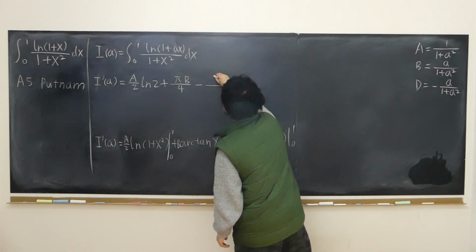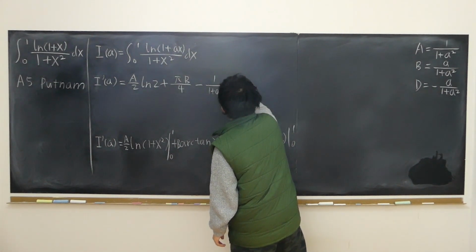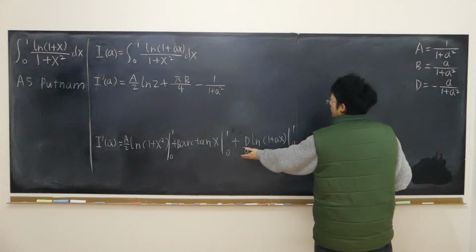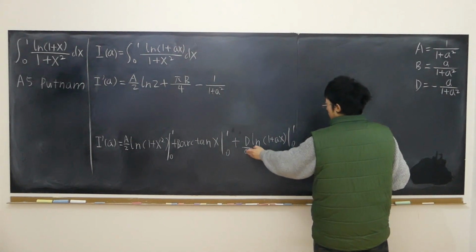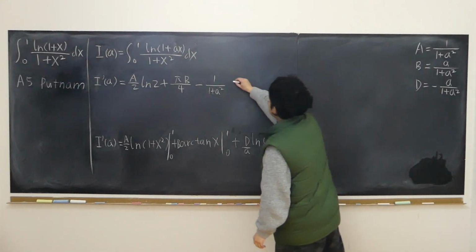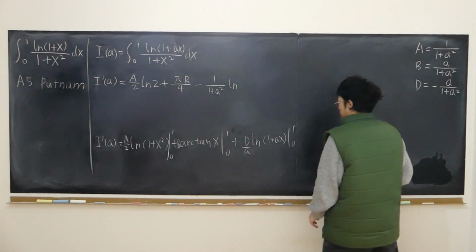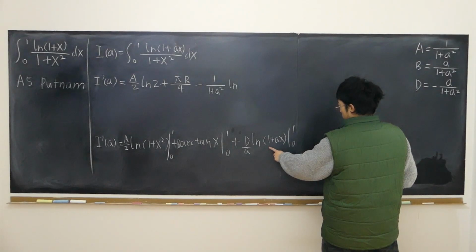So this one will actually become minus 1 over 1 plus a squared times log of 1 plus a.